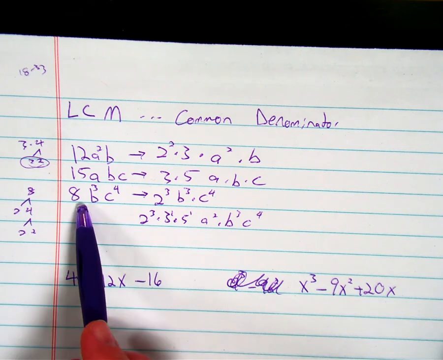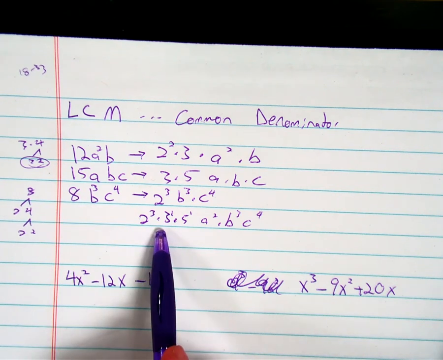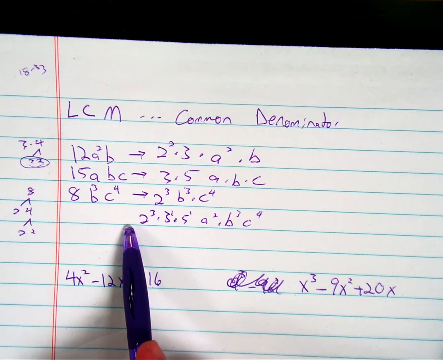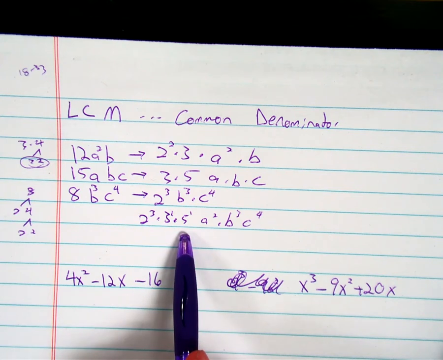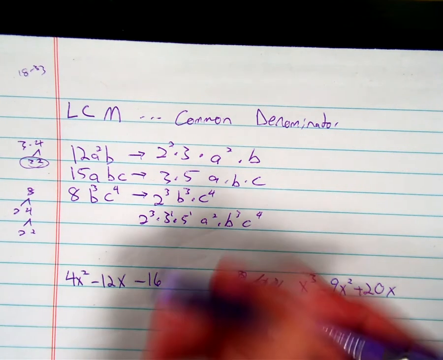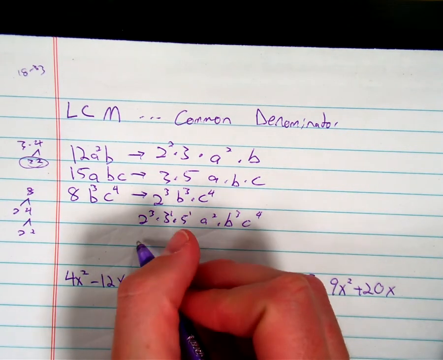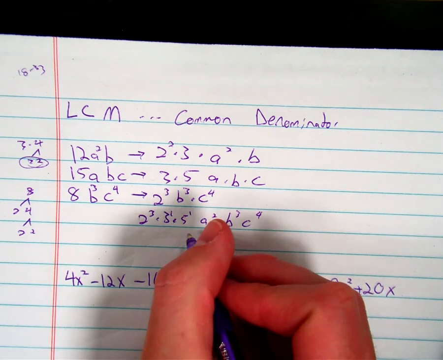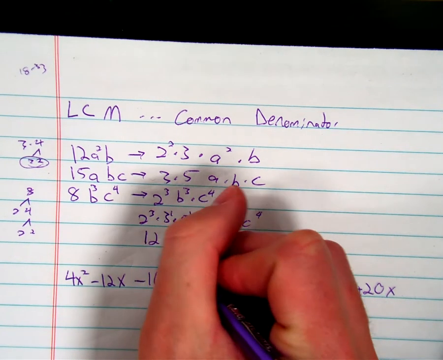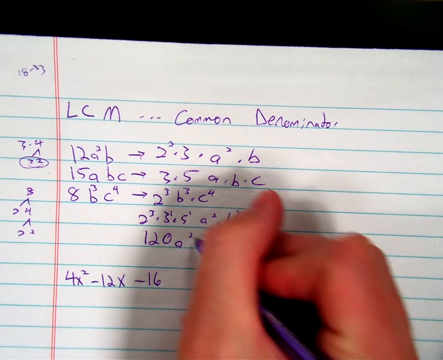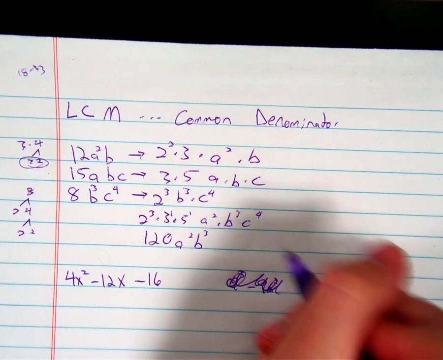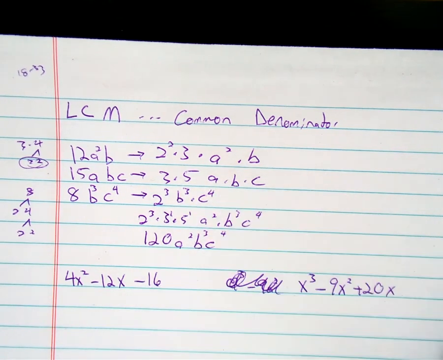We had that up there. 3 times 8 is 24, and then times 5 is going to be 120. Or you can just type that into your calculator. 2 to the third times 3 times 5, we're going to have 120. A squared, b to the third, c to the fourth.